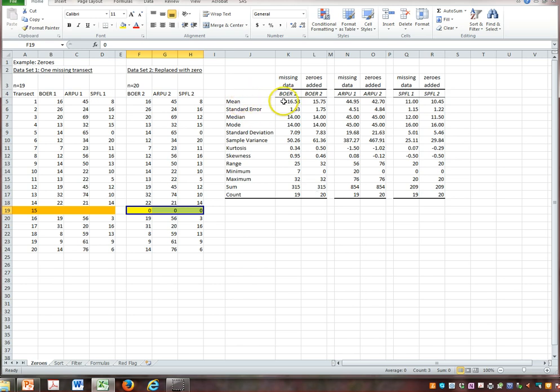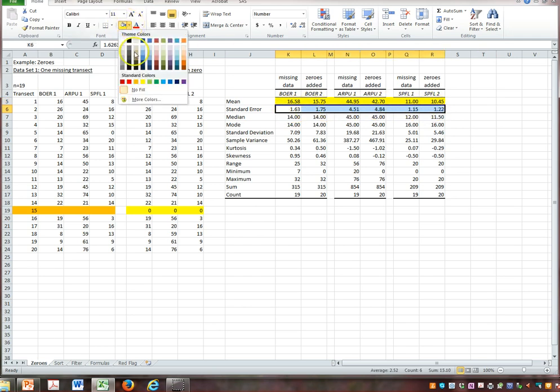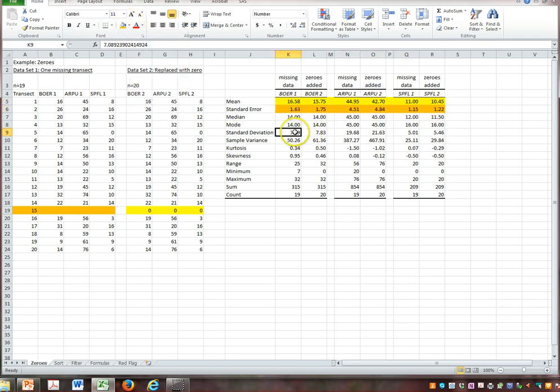But we can see that for all three of these species, the value of the mean is changed by adding a zero to the data set. It's reduced, each one of these. And we can also see that our estimates of variability are affected. So both the standard error and the standard deviation are decreased by including a zero.